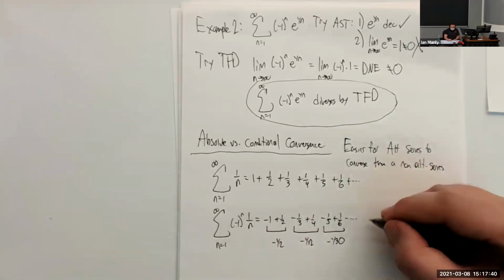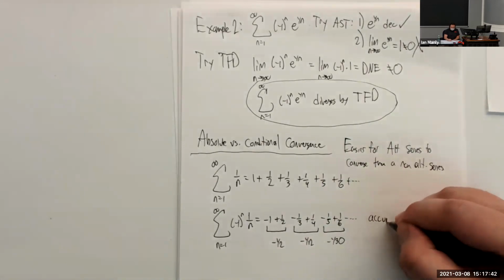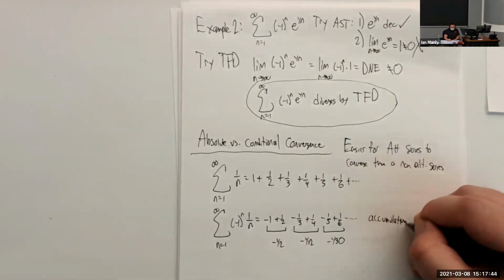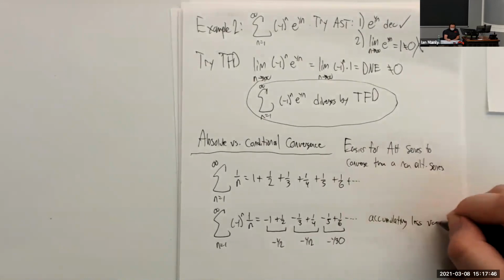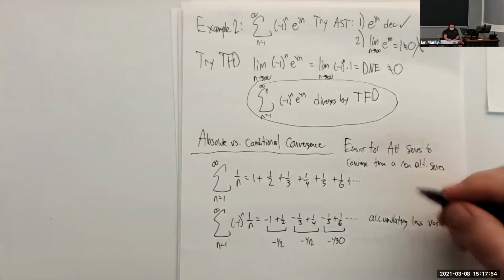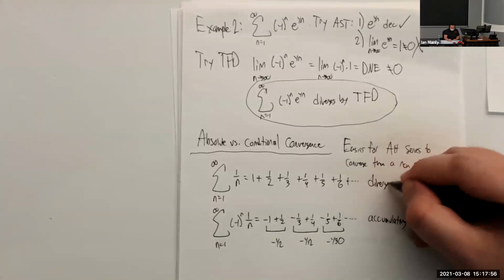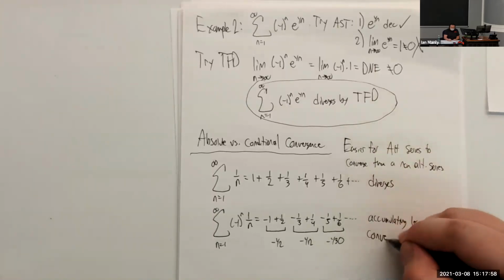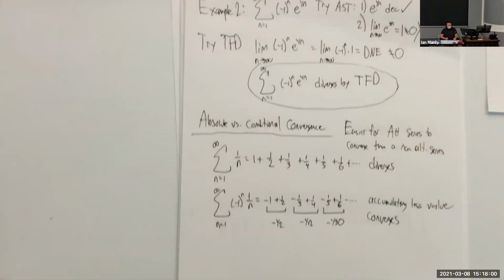So as you can see, this is accumulating less value, meaning that it's more likely for this to converge than something like this, which is accumulating more value over time. And in fact, this series here diverges, but this one converges. So that's kind of what I'm talking about here.